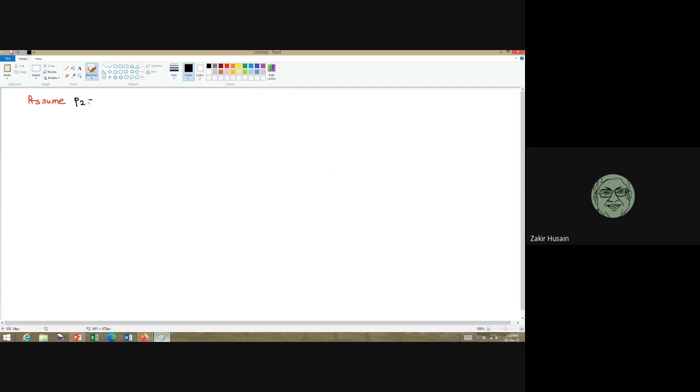Let us assume that P2 is equal to 7. Okay. So in that case, P1 greater than 7, this is ruled out. Let us see what happens when P1 is also equal to 7, where the market is shared equally.